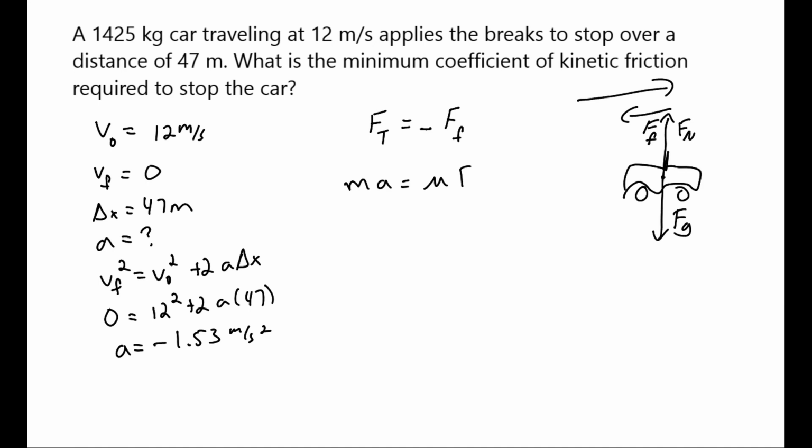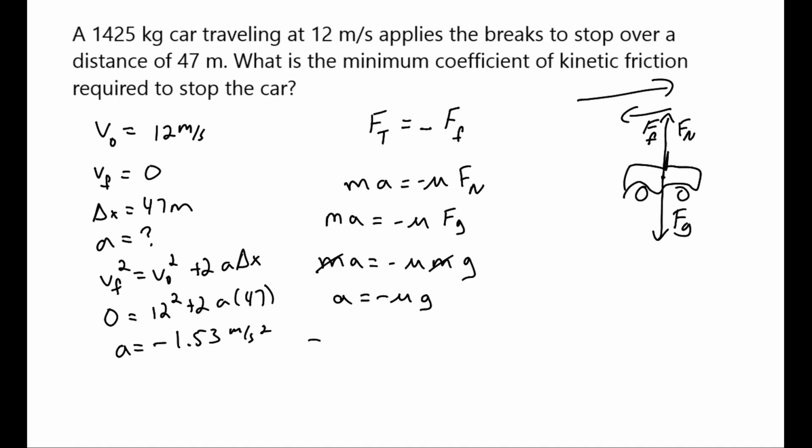So we get negative out in front there. So ma equals negative mu Fn, and Fn is the same thing as Fg. So ma equals negative mu mg. And what happened? Does the mass of the car actually matter? No, mass cancels. So a equals negative mu g.